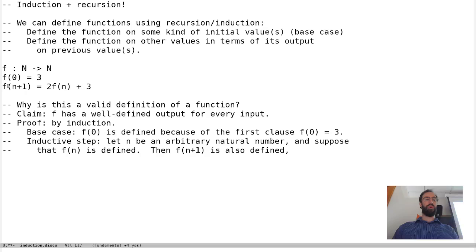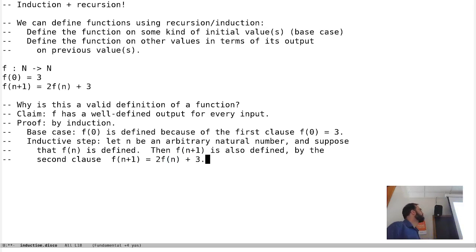Why is that? It's because of the second clause. The second clause defines f of n plus 1 in terms of f of n. So if we know that f of n is defined, then f of n plus 1 is also defined by the second clause, f of n plus 1 equals 2 f of n plus 3. Okay.